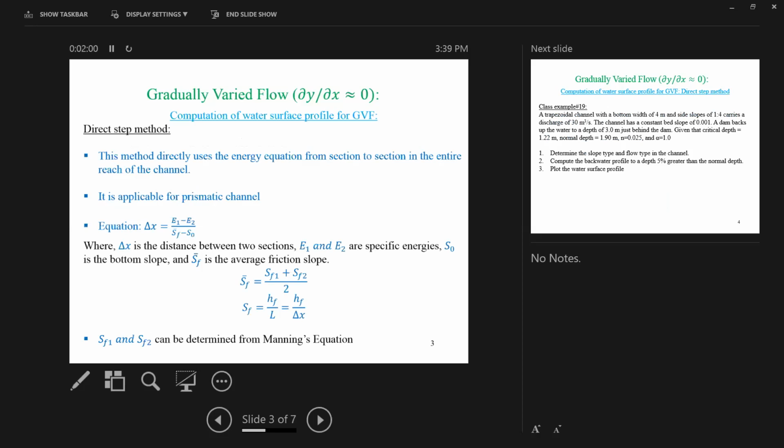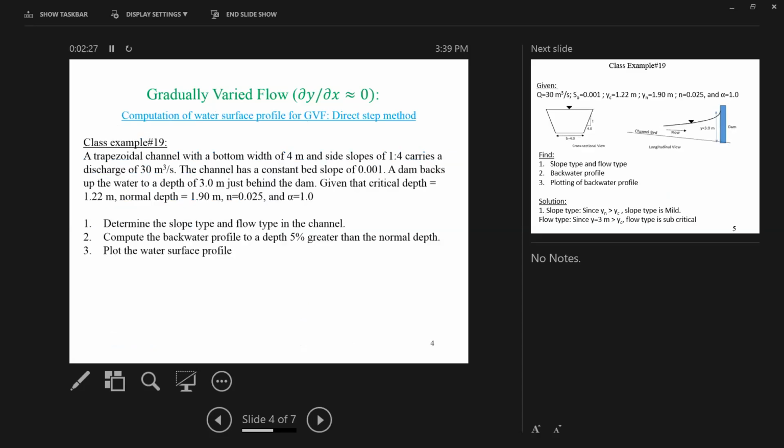The basic equation for this part is delta x, and all the terms like E1, E2 are specific energies, Sf are the friction slopes. We already know that, so we will use these equations while we compute the water surface profile.